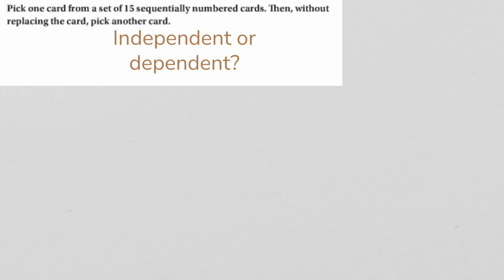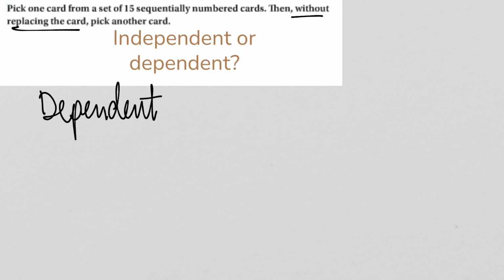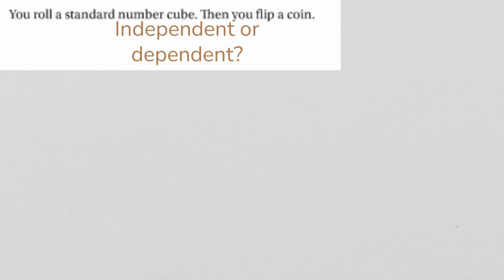Then, without replacing the card, you pick another one. This is definitely dependent. Just because it says you didn't replace the card, that will affect the next event, so it depended on it. You roll a standard number cube, which is a die, then you flip a coin. Totally different things. That's an independent event.